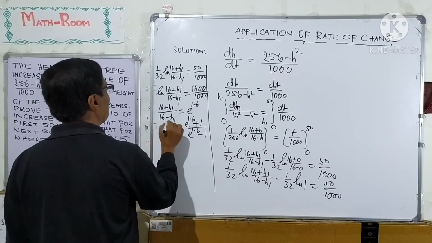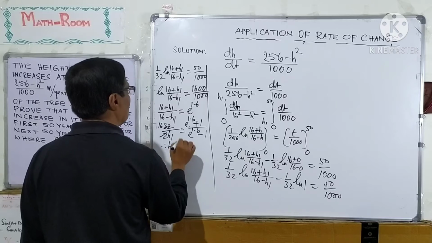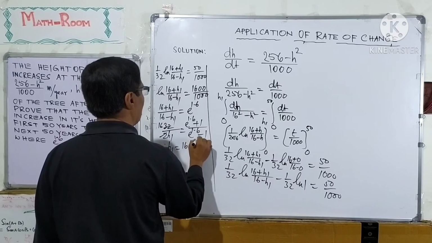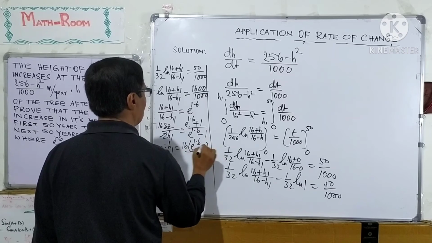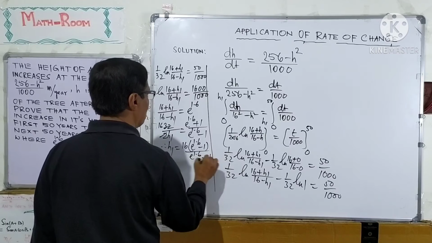So h1 equals 16 into (e to the power 1.6 minus 1) over (e to the power 1.6 plus 1).